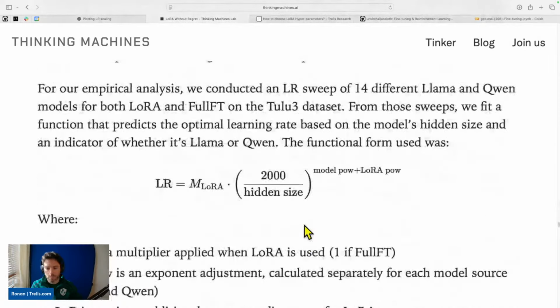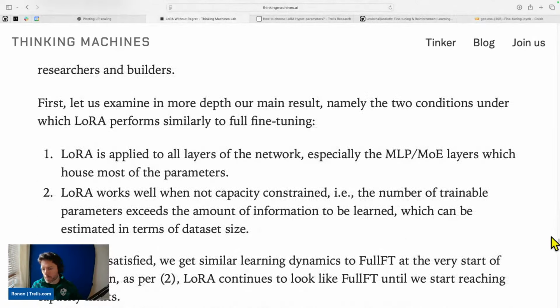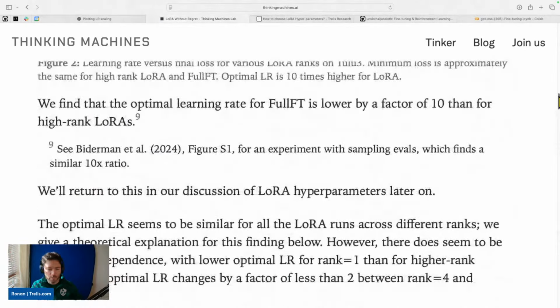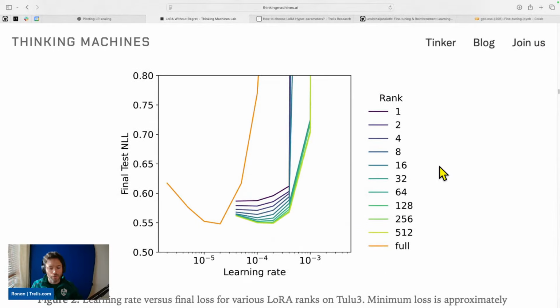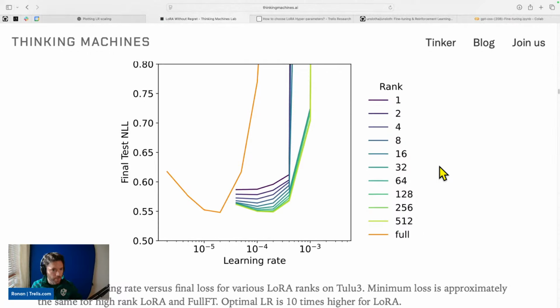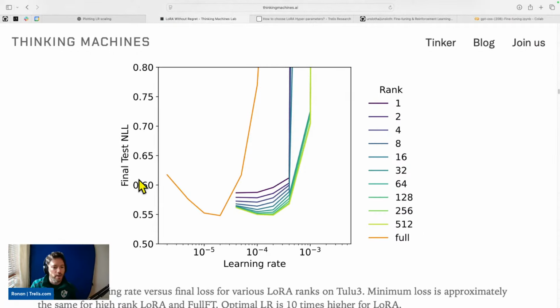Now, moving down, we'll get to figure 2. Actually, I think I started not at figure 1, but we're going to go to figure 2 here now. So what this one shows, and I think this is the key plot in the paper, here you've got the loss on the y-axis, and on the x-axis, you've got the learning rate.